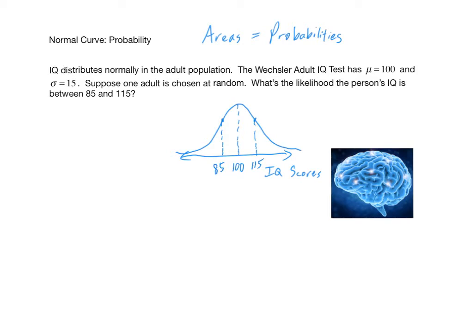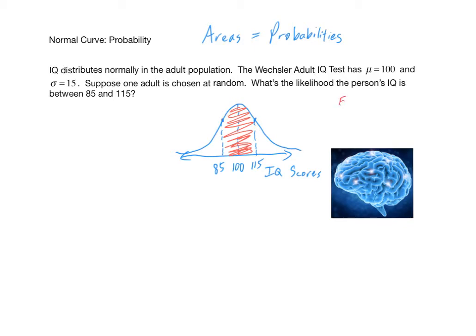We want to know, if you choose an adult at random, what's the likelihood that person's IQ will fall in this range? Technically, we can already answer this question without learning anything new. This is one standard deviation to the left of the mean, and this is one standard deviation to the right of the mean. What area is between one standard deviation to the left and the right of the mean? Well, that was the empirical rule.